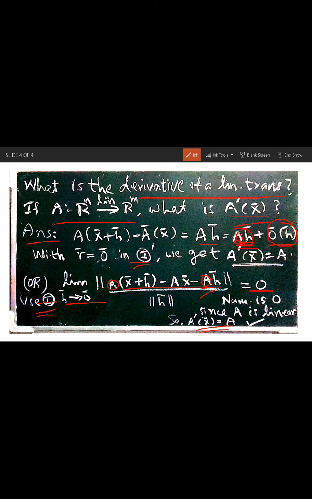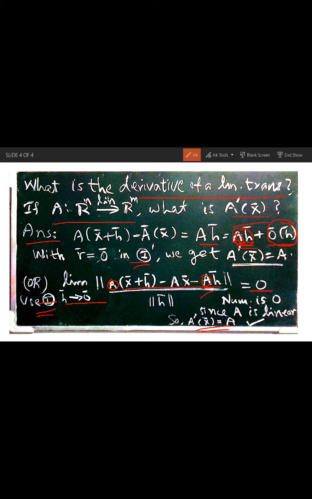F of x plus y is equal to 2 into (x plus y), equal to 2x plus 2y, equal to f of x plus f of y, and f of cx is equal to 2 into cx. It is c times 2x, equal to c into f of x. So f of x is equal to 2x is linear.